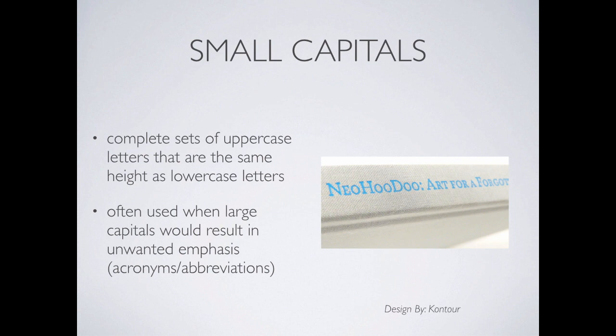Let's say you're writing your history paper and you need to type some abbreviation. If you did it in all capital letters at the full cap height, it would draw a lot of attention to those letters. If we do it in small capitals, you don't draw as much attention. It fits in with the flow of the text, but you can still use all capitals.